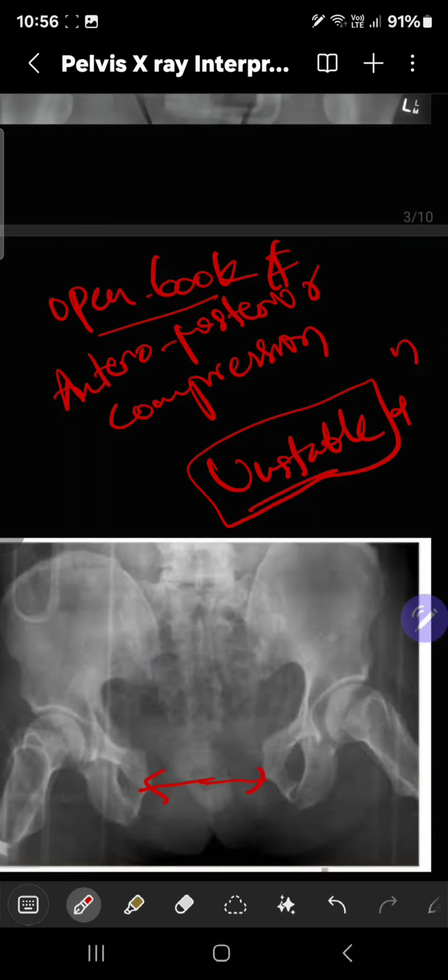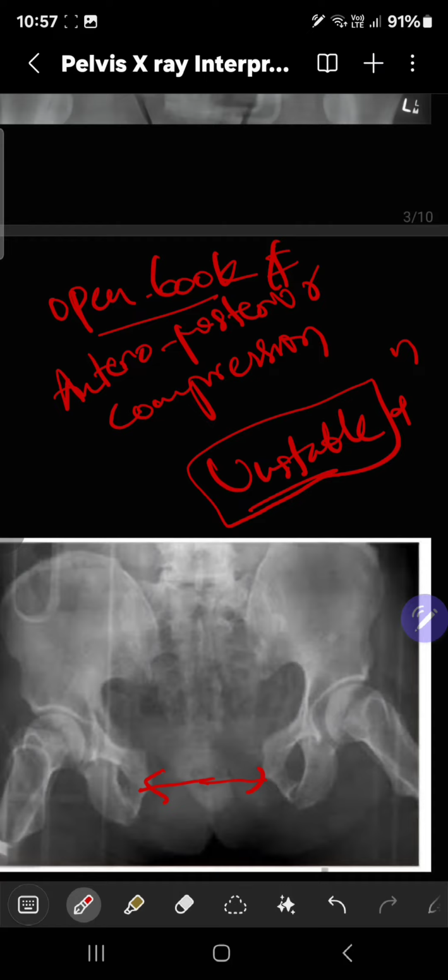As you know, the pelvis is an area with a lot of vasculature and many capillaries, and when this type of fracture happens, the patient will lose a lot of blood.